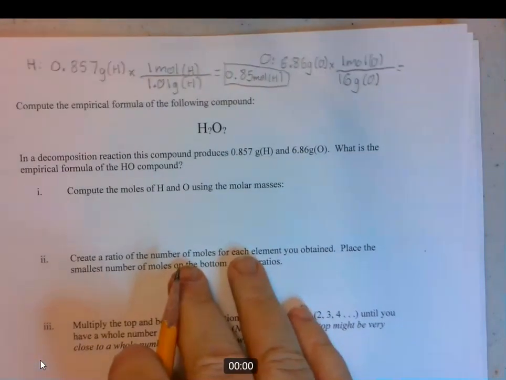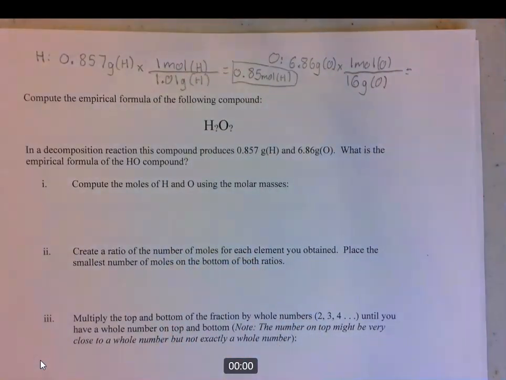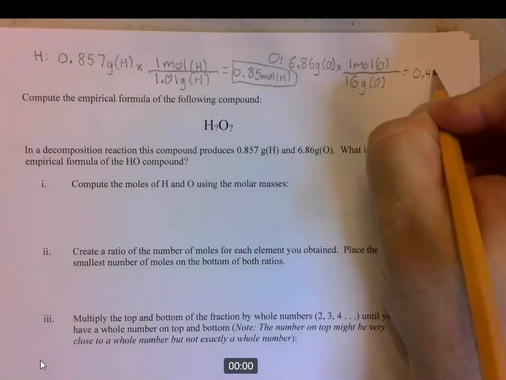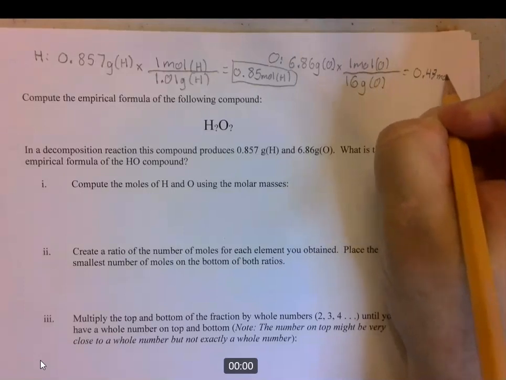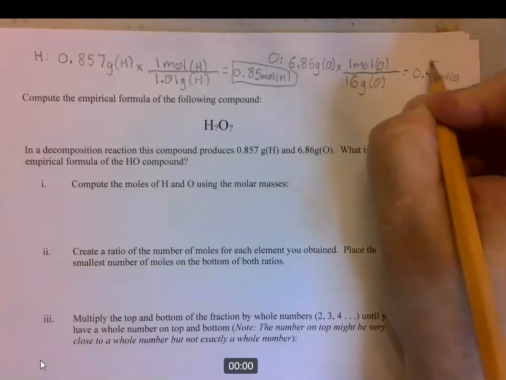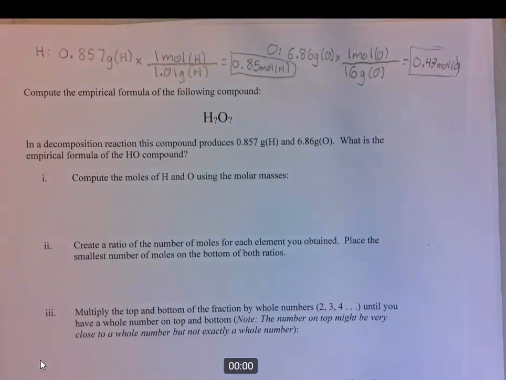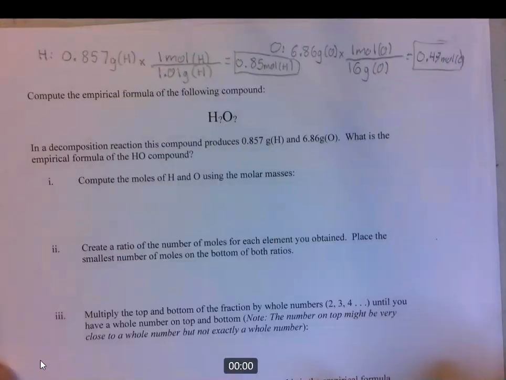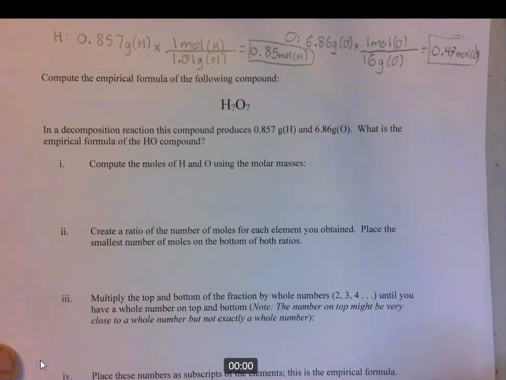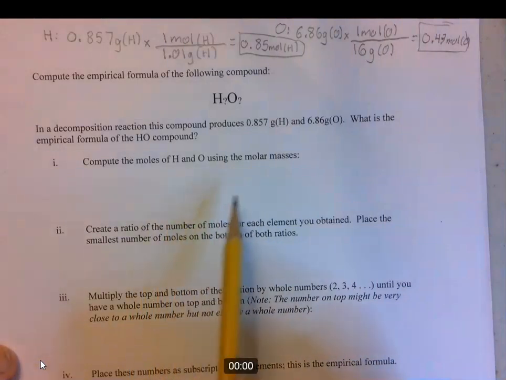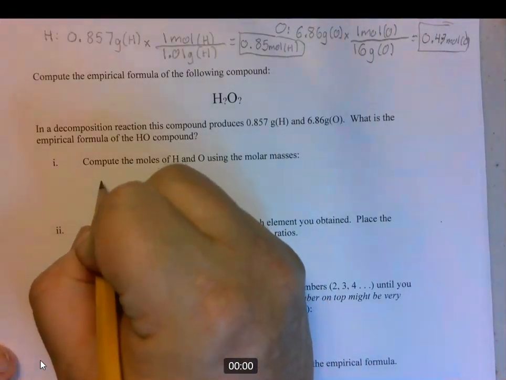And for oxygen, that gives us 0.43. So those are the numbers we're going to use in our calculation down below. We don't need to deal with grams anymore here. So we computed those, the molar masses, so let's just go ahead and write that down here.